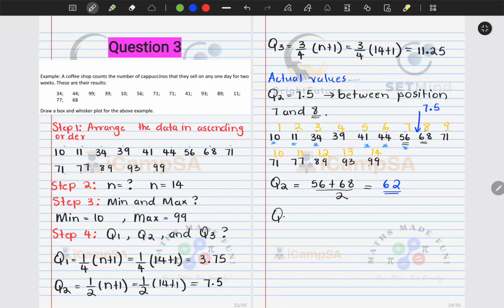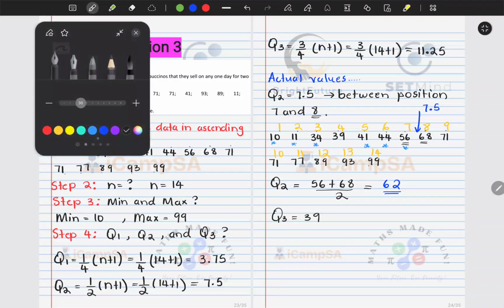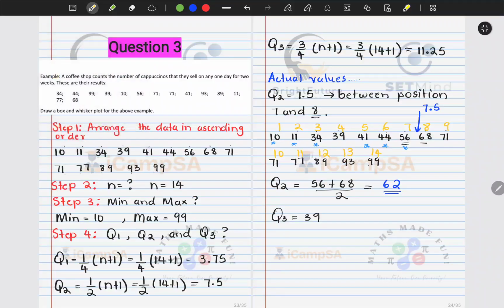So Q3 becomes 3, 9. And then let's have a look at the next one, which is your Q number. My apologies, this is supposed to be Q1.